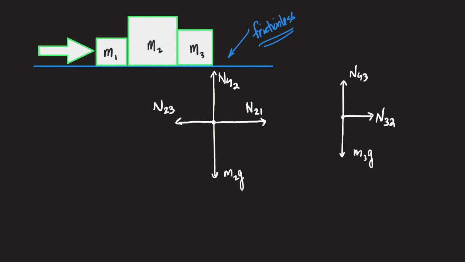Which brings us to our last box. Box 1. Smallest box, smallest weight. Normal force from the ground? Sure. Normal force from the ground on box 1. Now, I have to be consistent here.